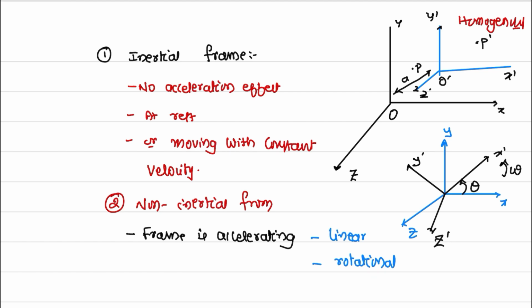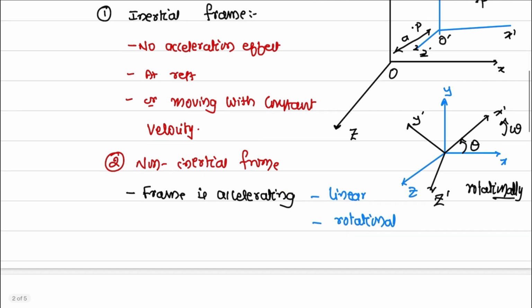Translationally means that frame is non-inertial. And here also the frame is non-inertial. Either it is linearly moving at a constant acceleration, or rotationally. In these two cases, an inertial frame is not existing, it is a non-inertial frame.